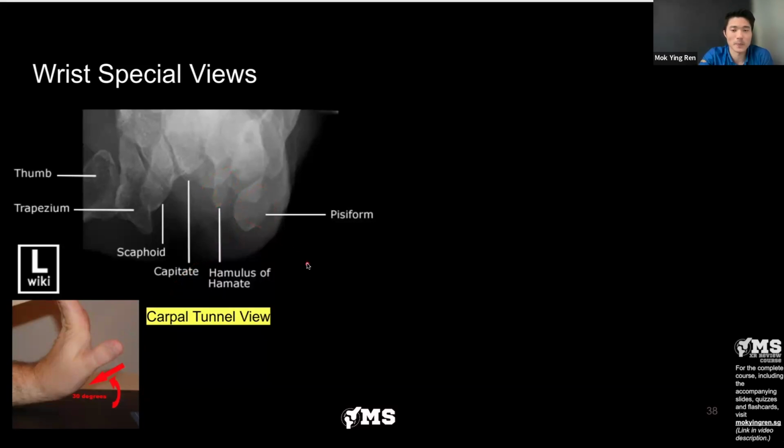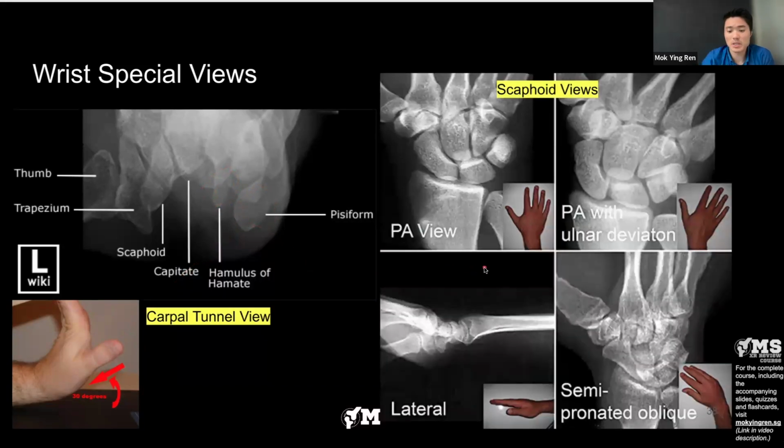Very interesting. This is a scaphoid view, something that is more crucial for you to know. If there is pain, for example, in the anatomical snuffbox, and your usual PA and lateral x-rays are normal, then it will be prudent to order a scaphoid view, which will involve further manipulation of the wrist to look at the scaphoid better.